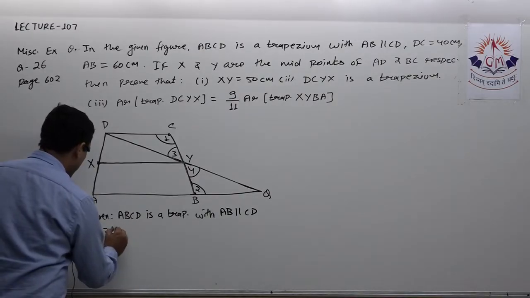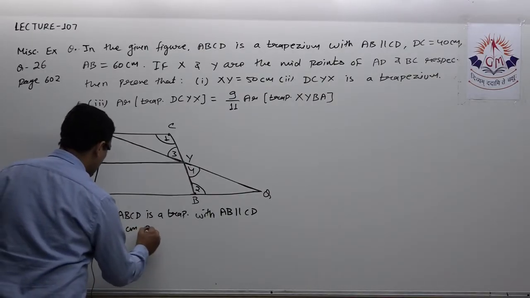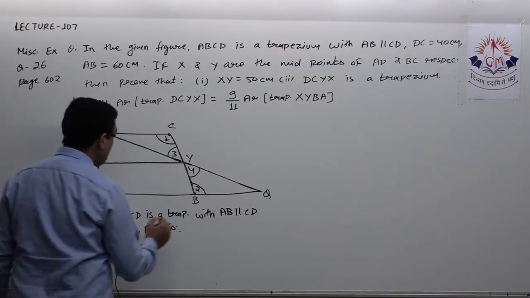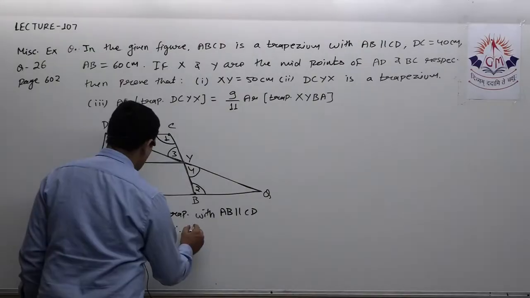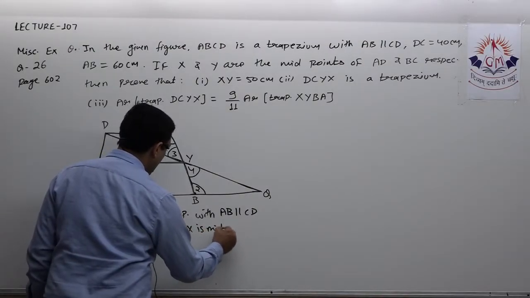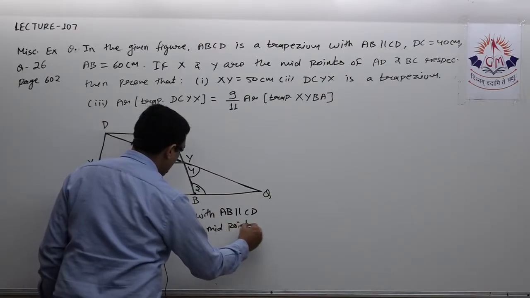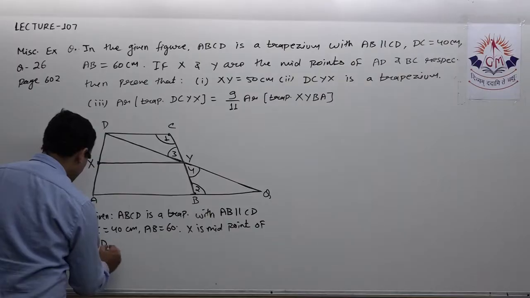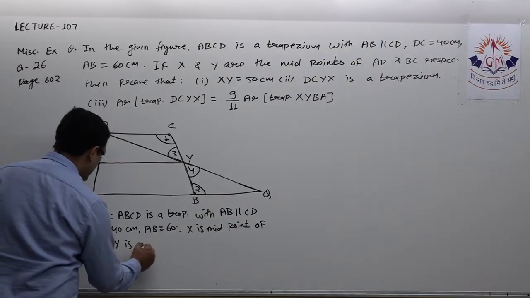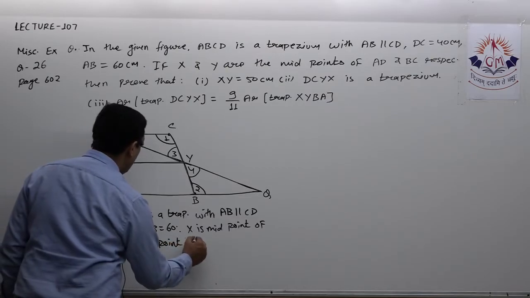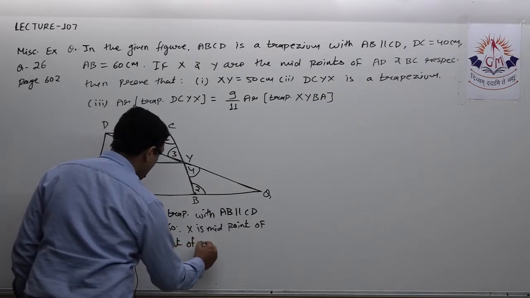DC is equal to 40 centimeter, AB is equal to 60 centimeter, X is the midpoint of AD, Y is the midpoint of BC.